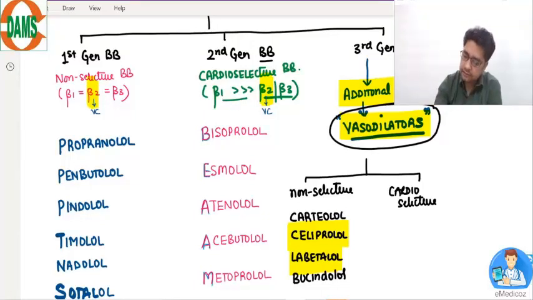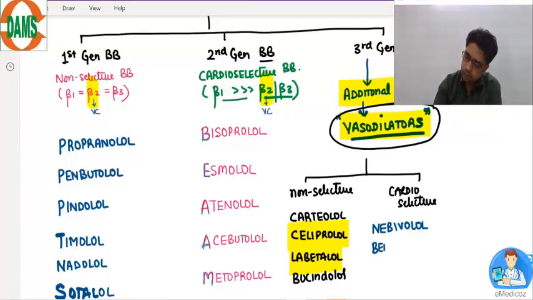And here you will write nebivolol, betaxolol, and carvedilol. You have to remember these three drugs. The list is very large, you don't have to remember the huge list.